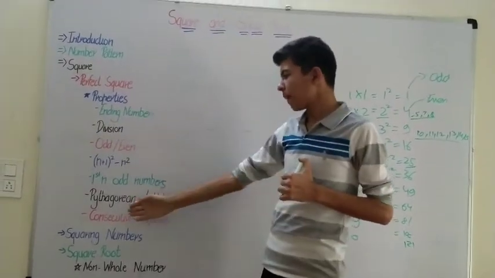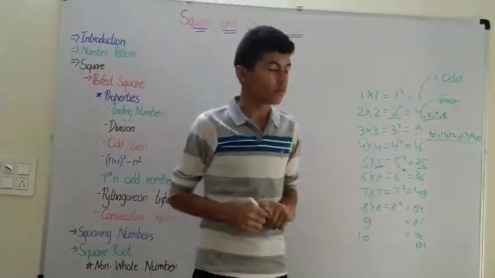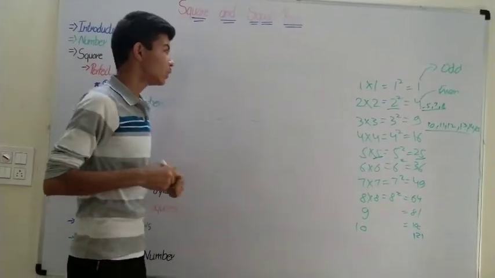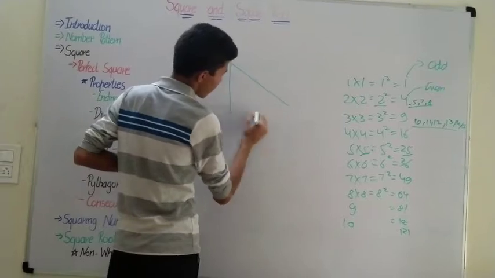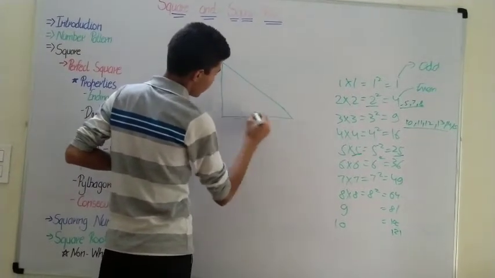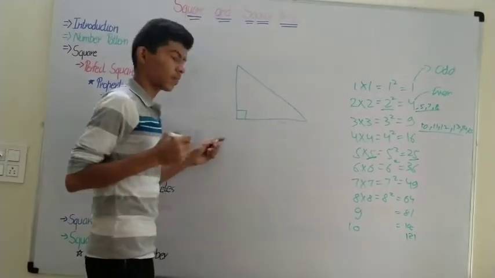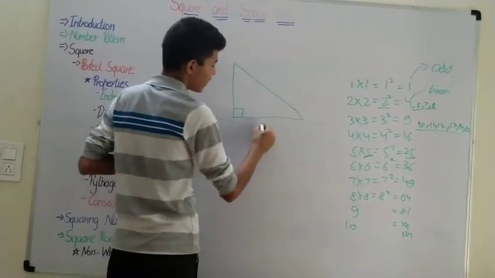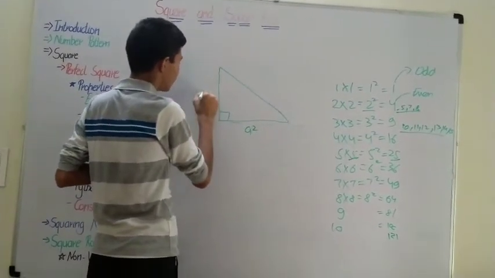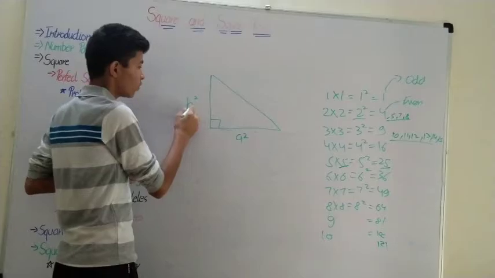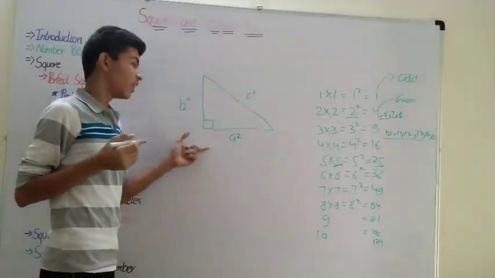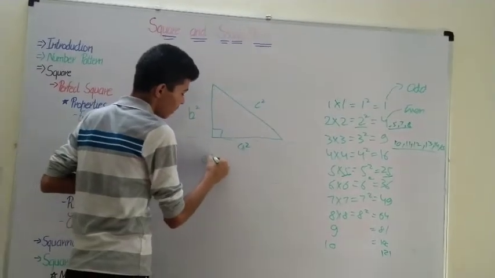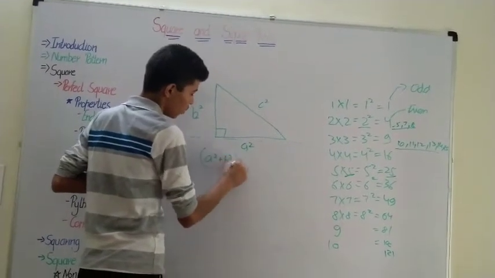So now let's move to the Pythagorean triplet. We know that if I take a right angle triangle, where one side is A, another side is B, and this would be C, then C would be nothing but the square root of A square plus B square.